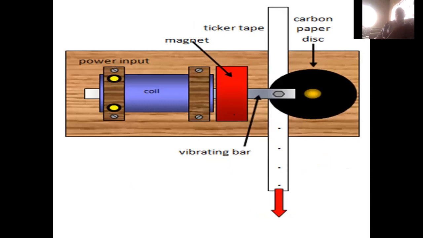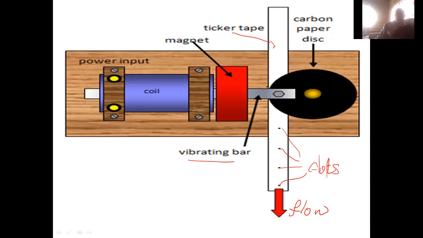In its principle, we notice that here it shows the flow of the ticker tape, and these are the dots which have been made on the ticker tape, which is flowing in that direction. And here we have the vibrating bar, which, as the object is moving, makes dots.